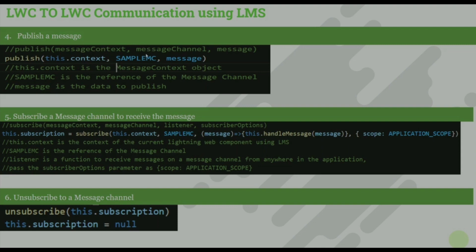Message channel is the reference of our message channel, that is sample MC, and the message that we want to pass. So we have this context, we already called it from the wire adapter. We have this sample MC, we already gave the reference at the top. We don't have the message, so let's go and create the message. Message is nothing, it's the data that we want to publish.